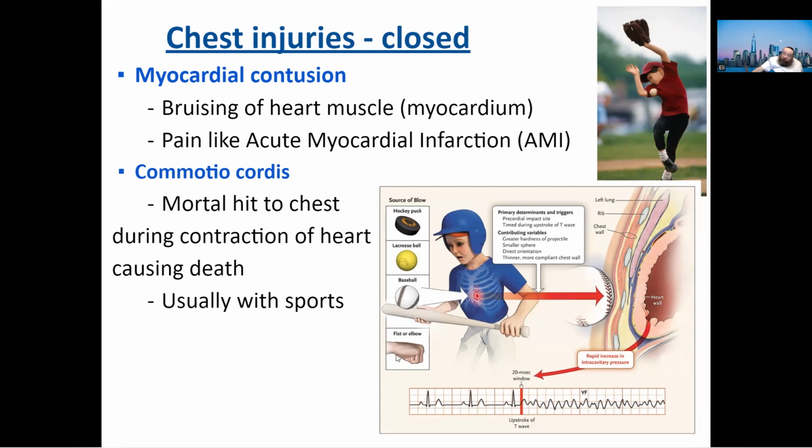It can happen with a fist or a punch to the chest. It's known as commotio cordis. And again, it can change a normal heart rhythm into a dead one, unless you have a defibrillator that you can fix the problem with.